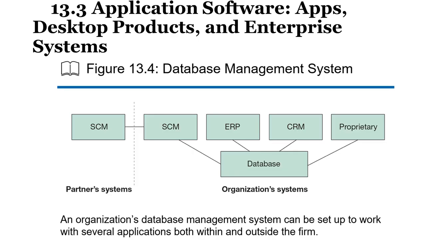Common procedures and data formats created by packaged ERP systems and other categories of enterprise software make it easier for firms to use software to coordinate programs between organizations. So database management systems are central to accomplishing supply chain management, for example, a web-based e-commerce website. As you can see from Figure 13.4, it is the organizational database that serves as the backbone technology for all other strategic applications in the firm.